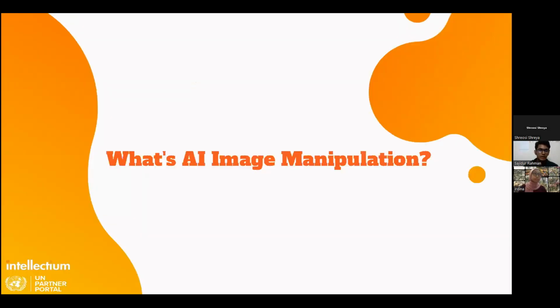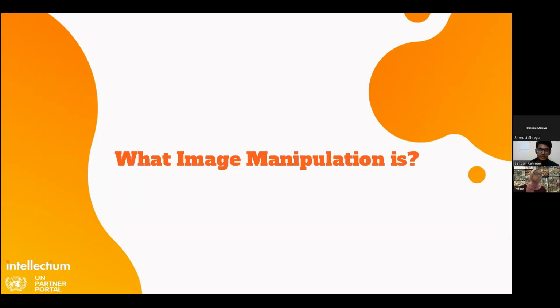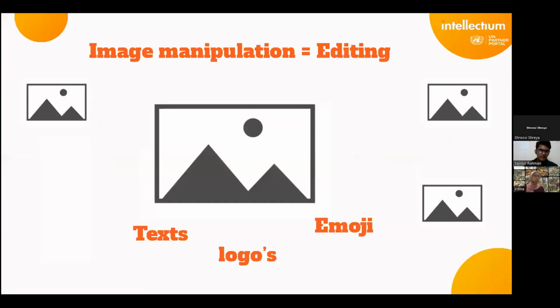So, what is AI image manipulation? Before we get to that, let's start by breaking down what image manipulation is all about. If someone were to explain this in the simplest way possible, they would say image manipulation basically means editing. Yep, that's right.